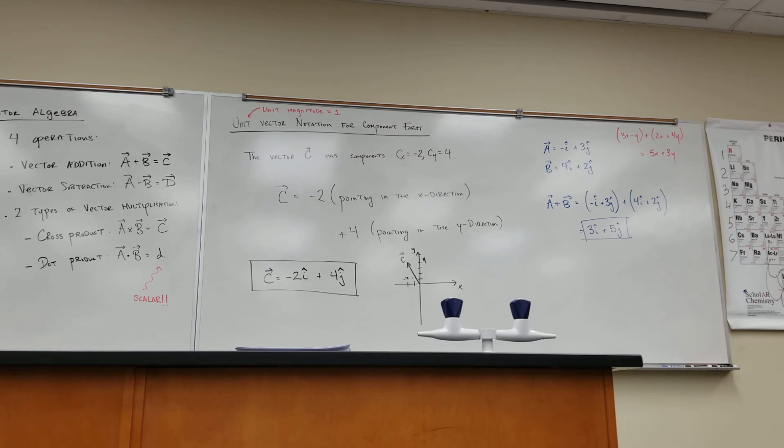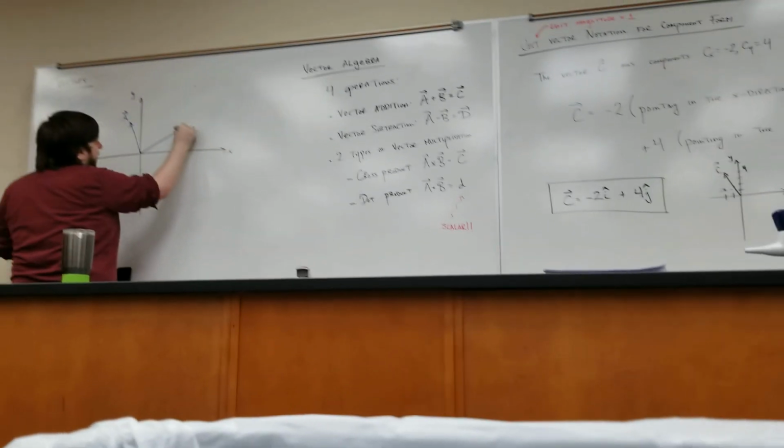X, Y. A points -1 in the x direction and 3 in the y direction, so A points somewhere like this. B points 4 in the positive x direction and 2 in the y direction, so B looks something like this.